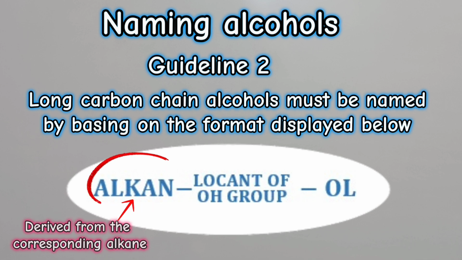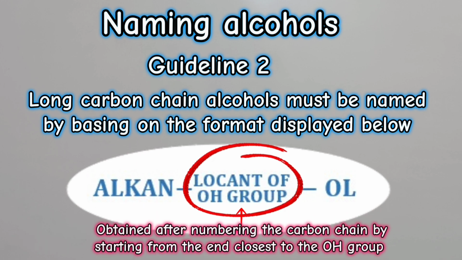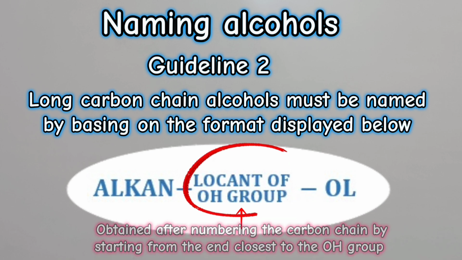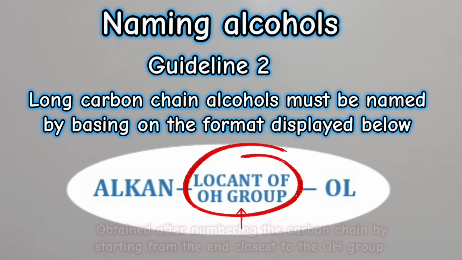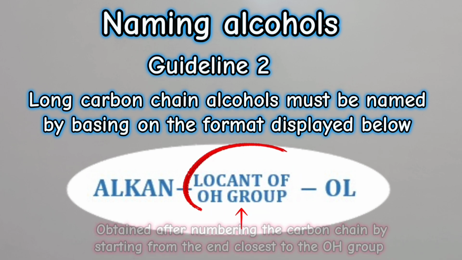I hope you still remember what is meant by corresponding alkane, as previously explained. And the lowest locant of the OH group is obtained by assigning numbers to the carbon chain of the alcohol, starting from the end of the chain that is closest to the OH group.